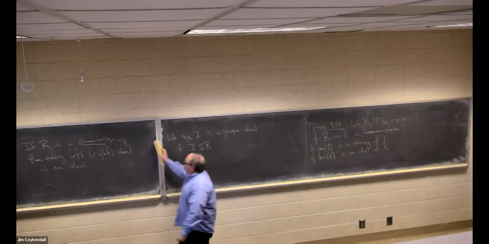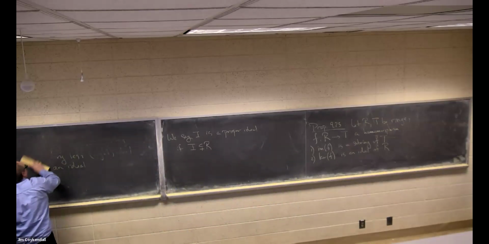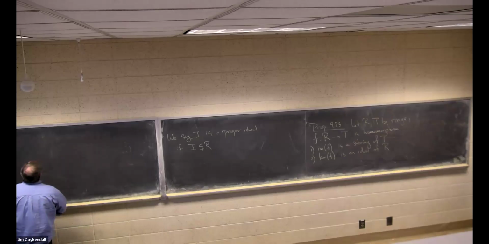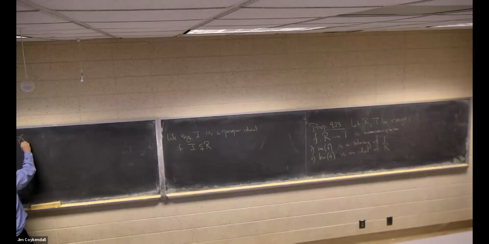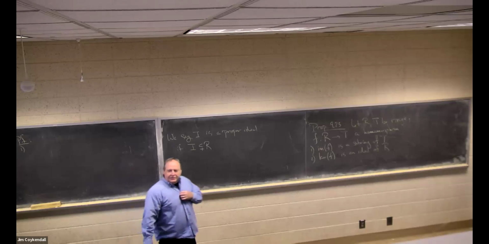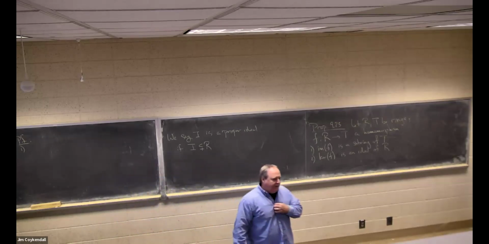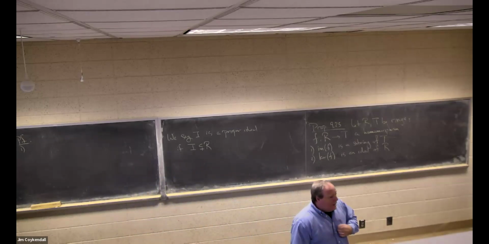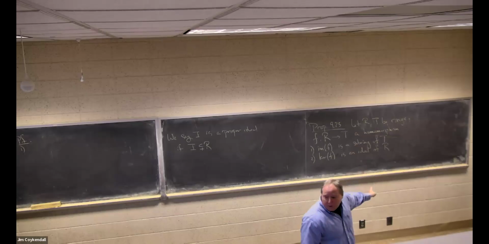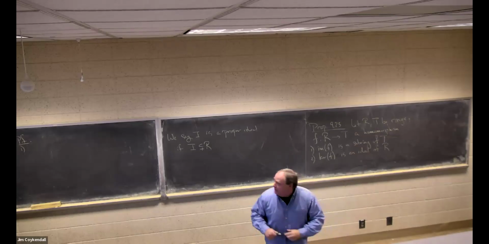Here's the cool thing about this proof: doing rings allows me to be lazy. I like to be lazy. The first thing I know is this is a ring homomorphism, so first and foremost, it's a homomorphism of groups.